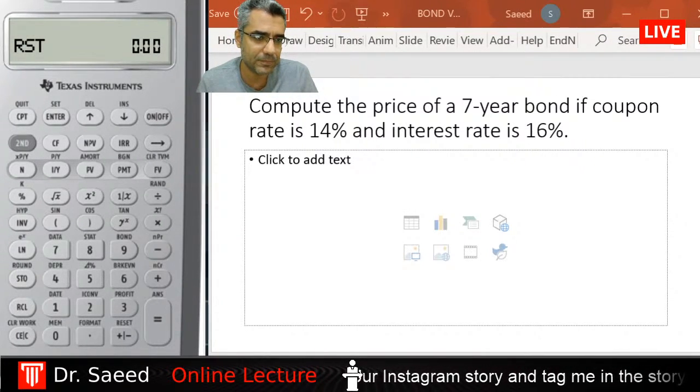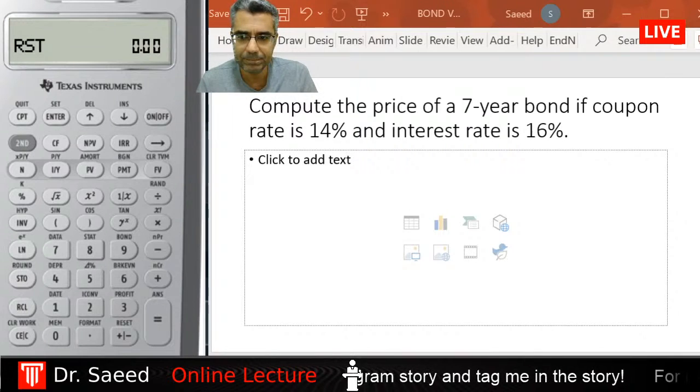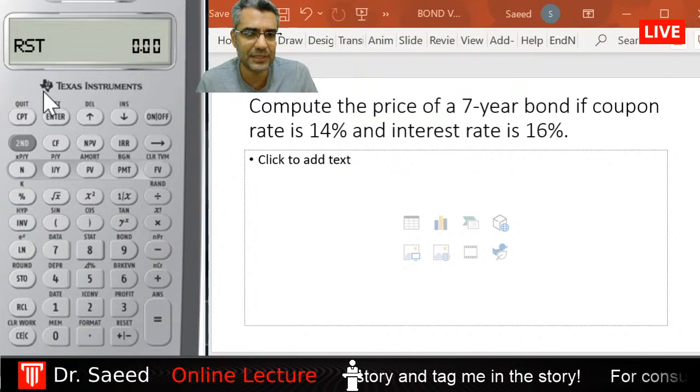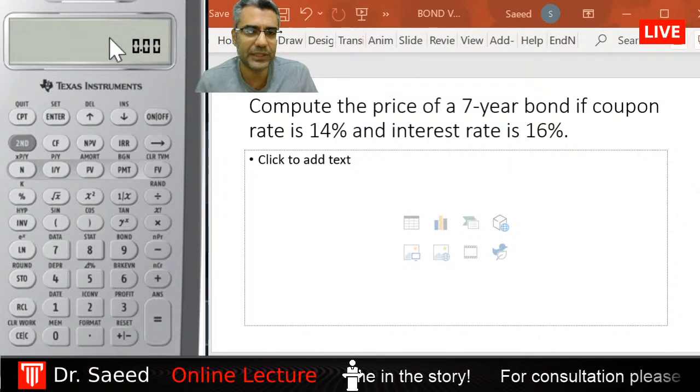Then we have already reset the memory. Now we want to quit from this mode, so press second, then press CPT or quit. Now the calculator is ready to be used.